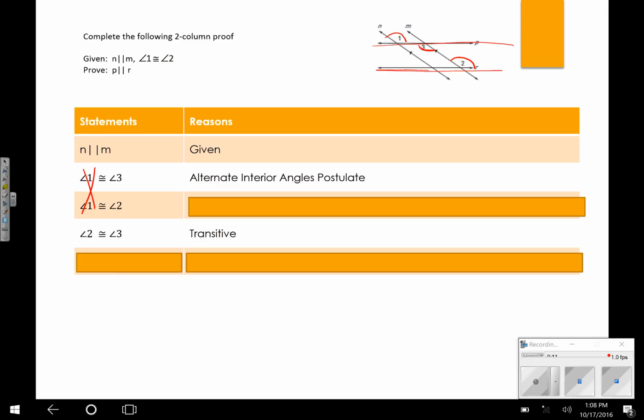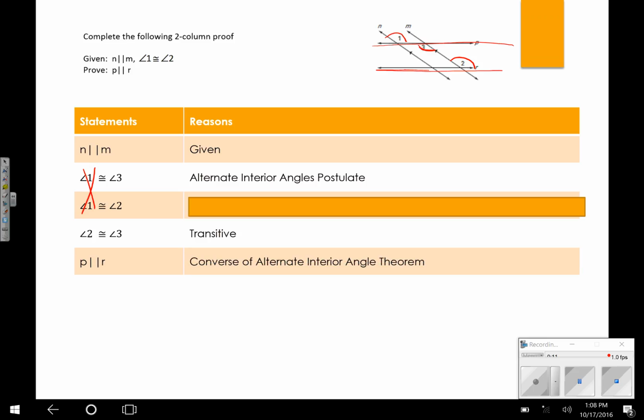And now that we've got that, we can state that our lines are parallel. P is parallel to R, so by the converse of the alternate interior angle theorem. They're alternate interior angles. So it is done.